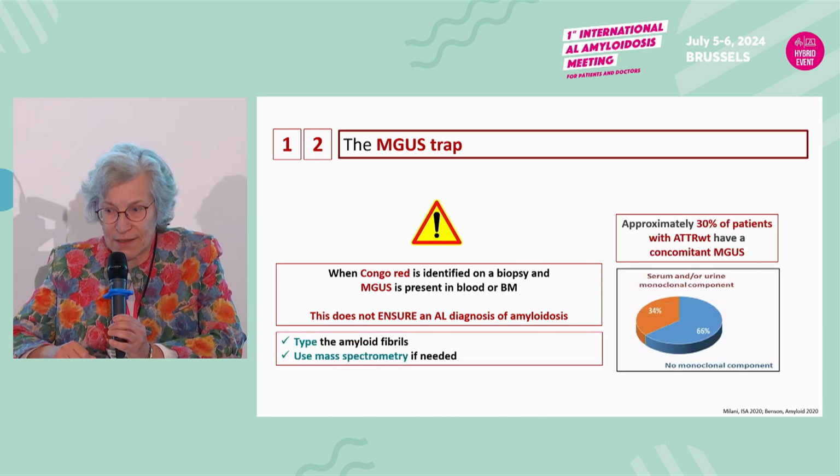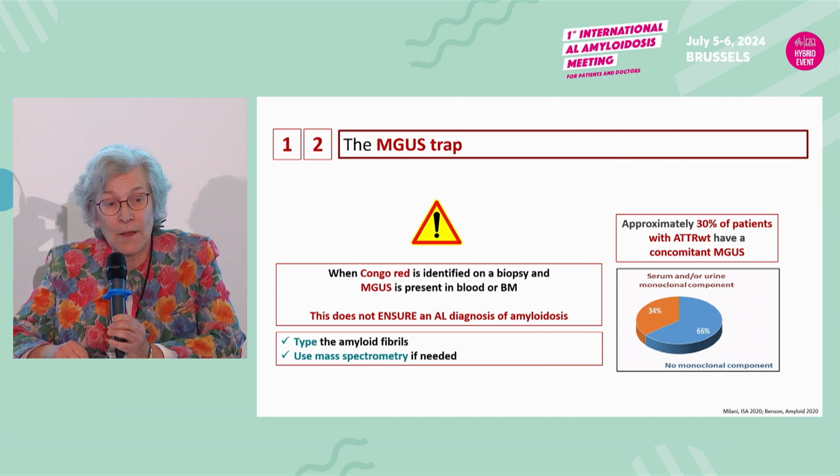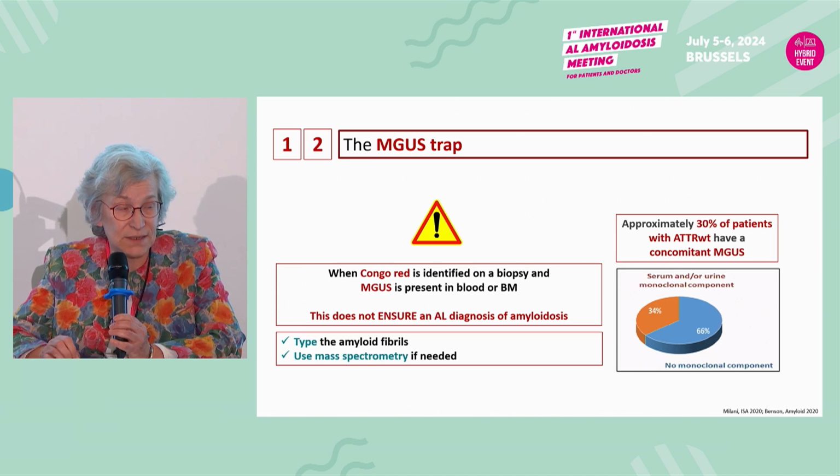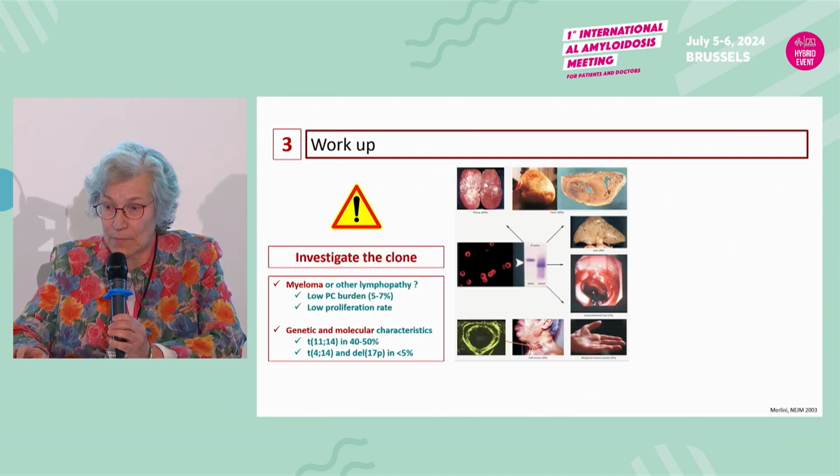In fact, we know that in wild-type ATTR amyloidosis, approximately 30% of patients also have an MGUS, and it's not surprising, knowing that MGUS is very frequent in the elderly population. So typing of amyloidosis is of primary importance, and we use many different methods that were explained earlier in this meeting.